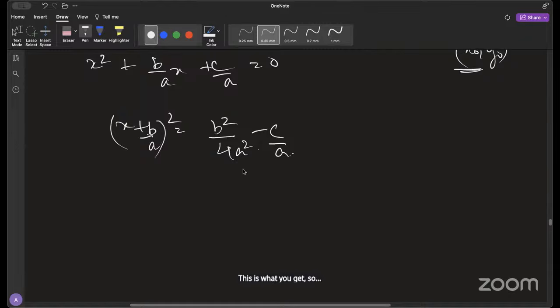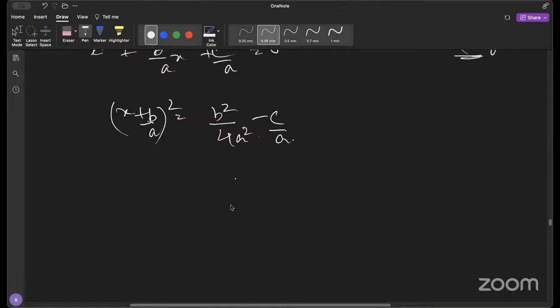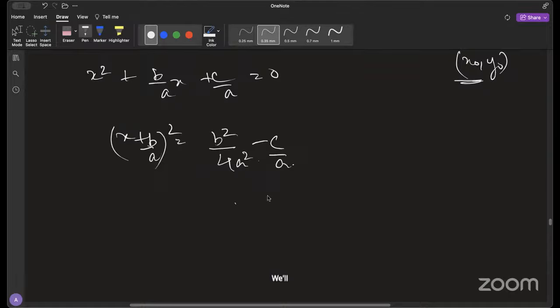We'll take the square root of it then. So you'll have b square minus c by a, and if you take the LCM of this, you'll get 4a square. So the LCM is going to be 4a square, and here you'll have b square, and here minus 4ac.